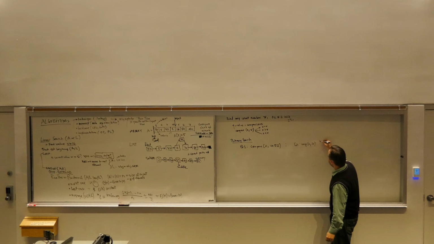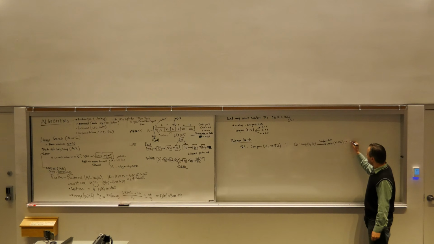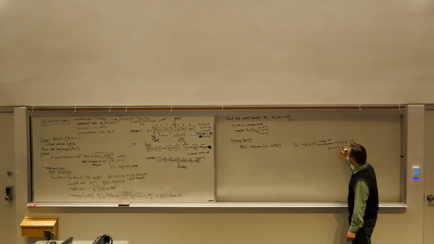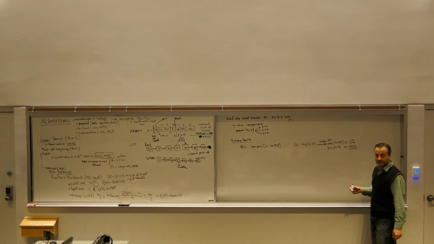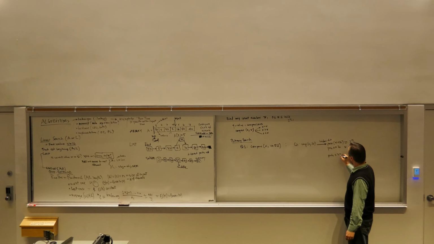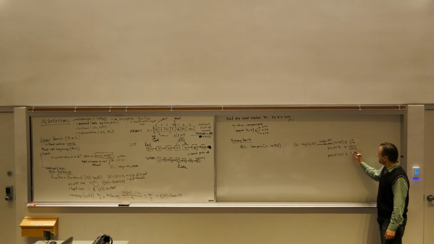So if it's a uniform distribution, the probability of x being less than 20 is about 2%. The probability of x equal 20 is about 1 over 1023, to be exactly that value. And the probability of x bigger than 20 is about 98%.